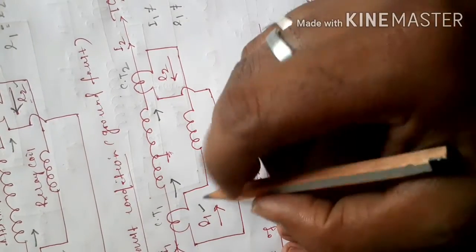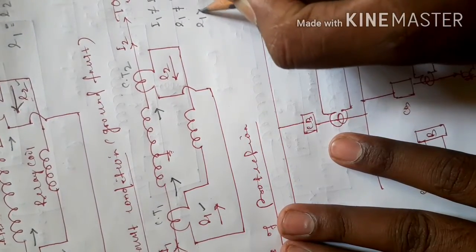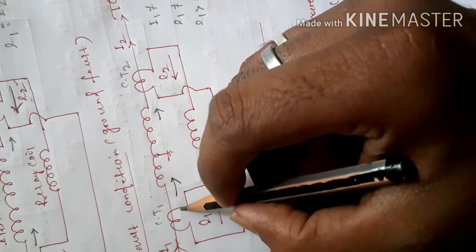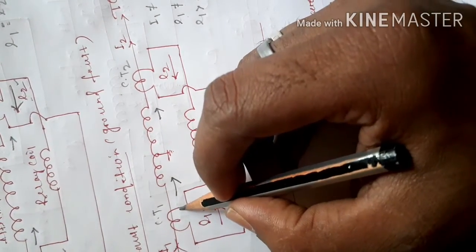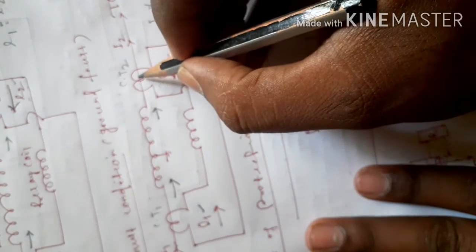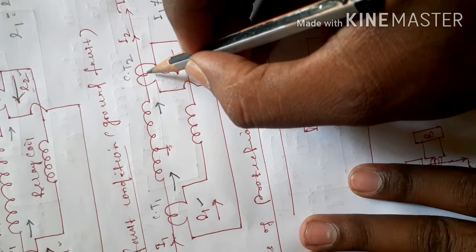The magnitude of E1 is greater than the magnitude of E2 because CT1 is connected on the incoming side and CT2 on the outgoing side.